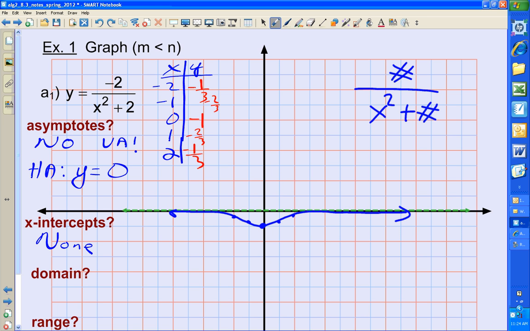Elise, how about the domain for this one? What's the domain? What are your x values? Look at my graph. Look at my x value. What's my x value? This point right here.